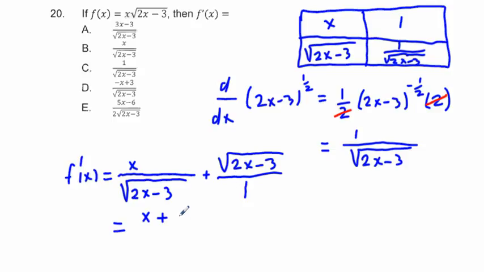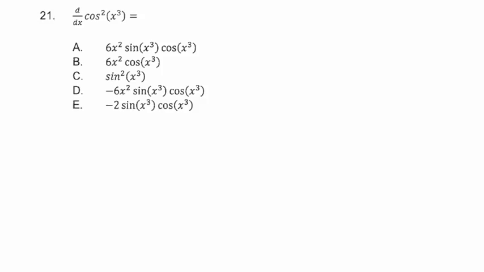So we're going to have 2x minus 3 in the numerator over the square root of quantity 2x minus 3. Well, we have x plus 2x is 3x minus 3. We're going to end up with answer choice A. This one stumped me for a bit, but you can see that it is workable.